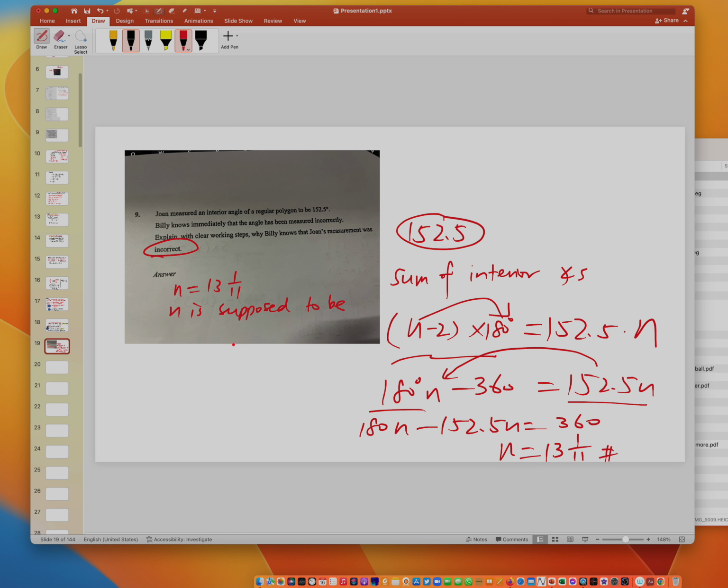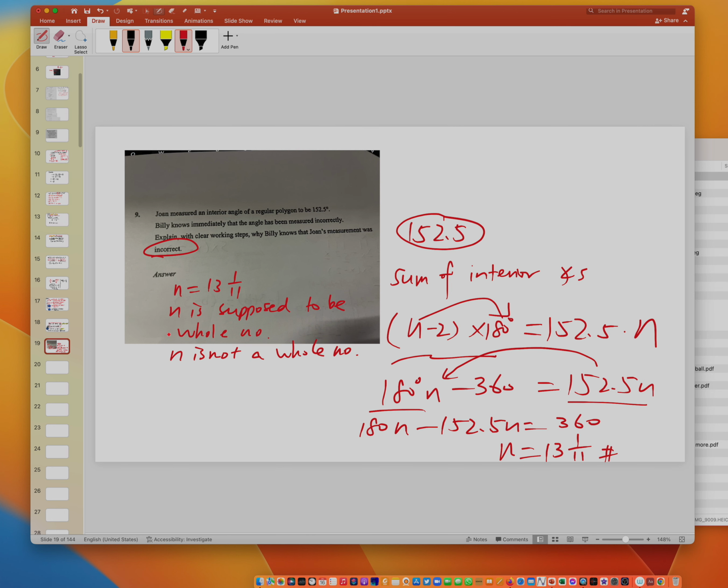It's a whole number. And n is not a whole number. Therefore, the measurement is wrong. N must be a whole number, 1, 2, 3, 4, 5, a positive integer, right?